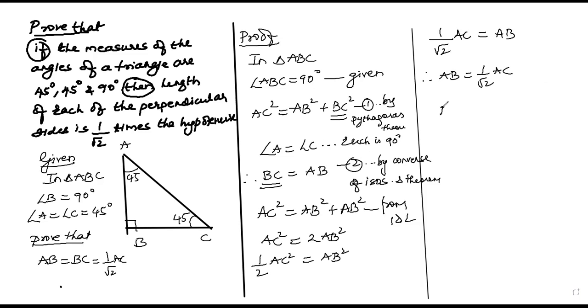Therefore, also BC equal 1 upon root 2 AC. Okay, so this is the 45, 45, 90 theorem. Again, a theorem not so important, I feel, but it was taught to you in your 9th standard. Okay, we go ahead, children.